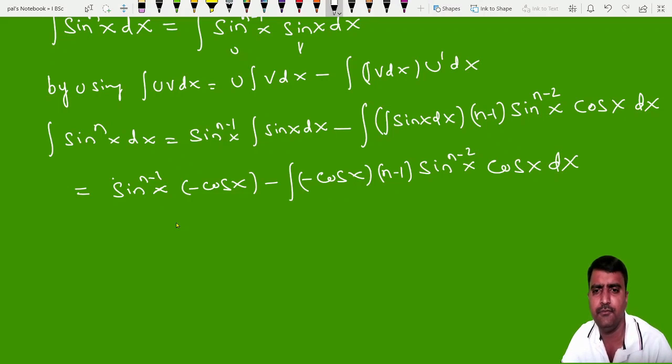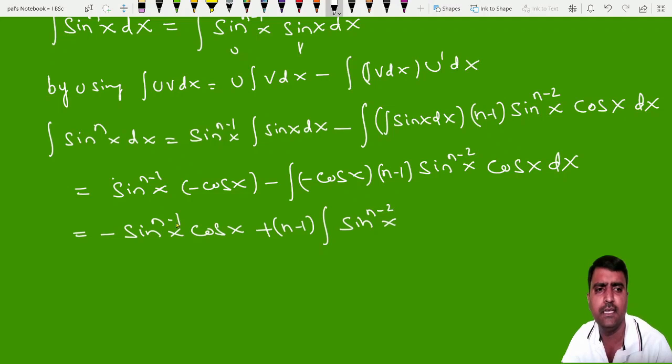So now which is equal to minus of sin to the power n minus 1 x cos x. This minus of minus becomes plus. Take the constant n minus 1 outside. This into the integration of sin to the power n minus 2 x into cos x into cos x becomes cos square x dx.